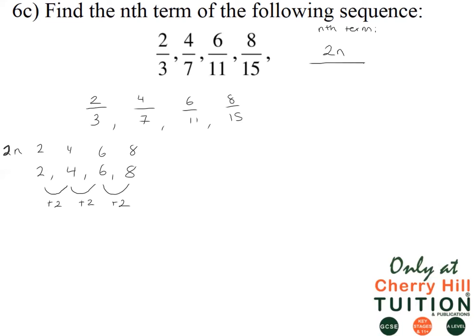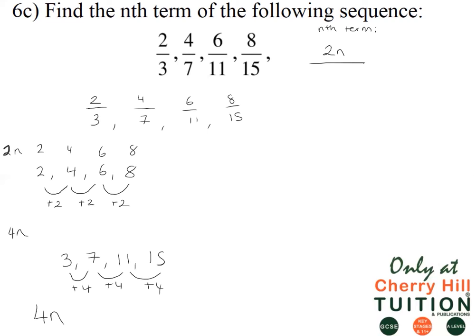Now let's do the denominators. For the denominators, we have 3, 7, 11, and 15. So let's just rewrite this at the bottom so we have some more space. Okay, so the first step is to work out the difference between each term, which is plus 4. This means it relates to 4n, which is the 4 times tables.